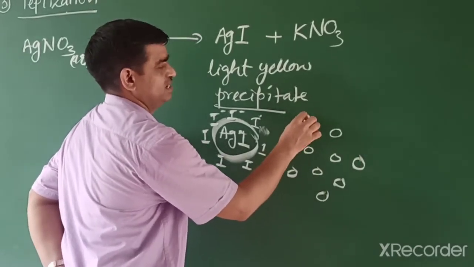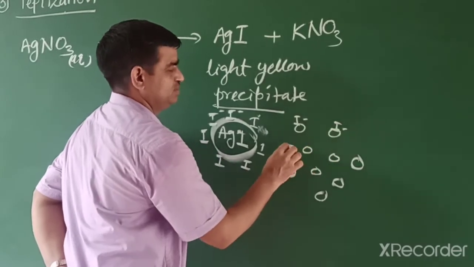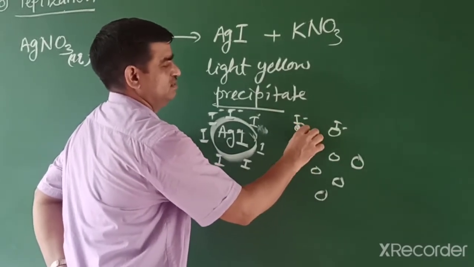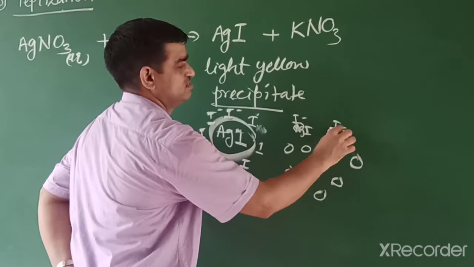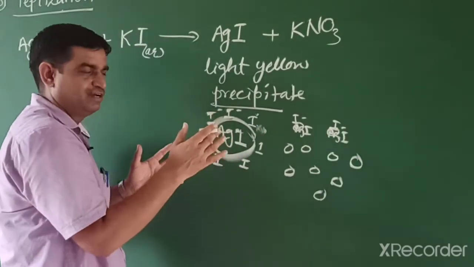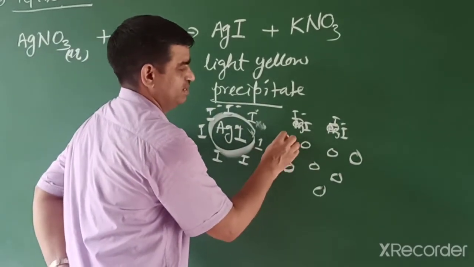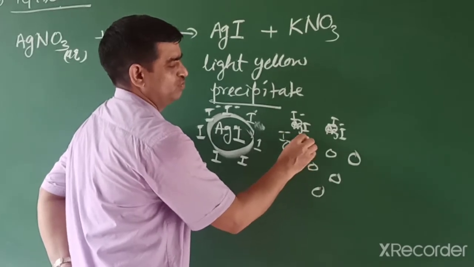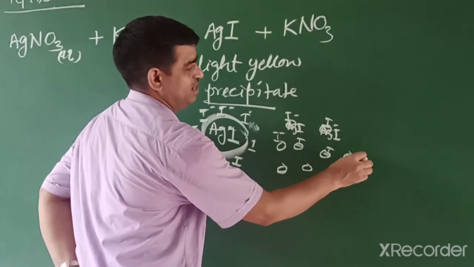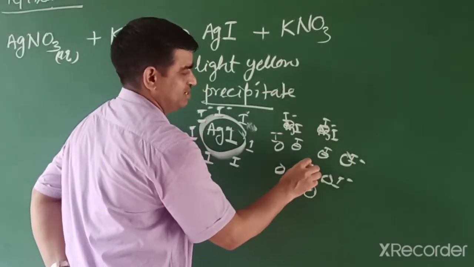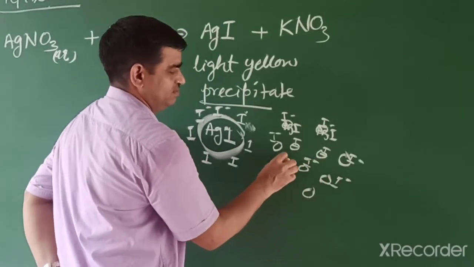So these ions adsorb iodide on the silver iodide precipitate, and the larger particles dissociate into small particles and convert into the colloidal range. All the ions have a single type of charge, either positive or negative.